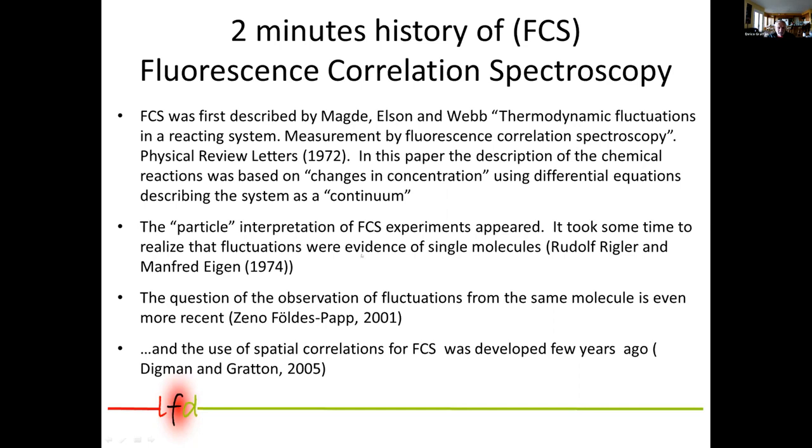But I will add something which is very important, which is the observation of fluctuation from the same molecule. All the molecules are equal to one another, but we talk about the fluctuation from the same molecule. The first demonstration of that is a paper by Zeno Foldes-Papp, which appeared in 2001, more than 20 years ago.